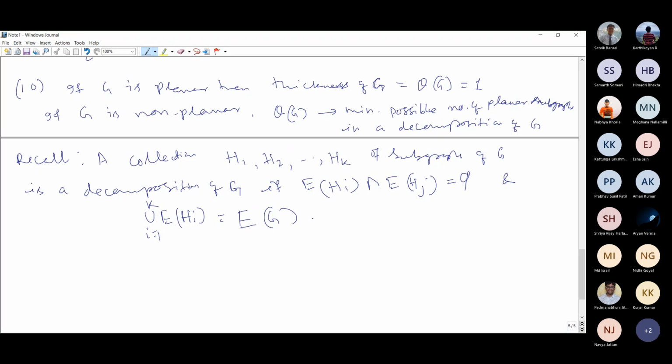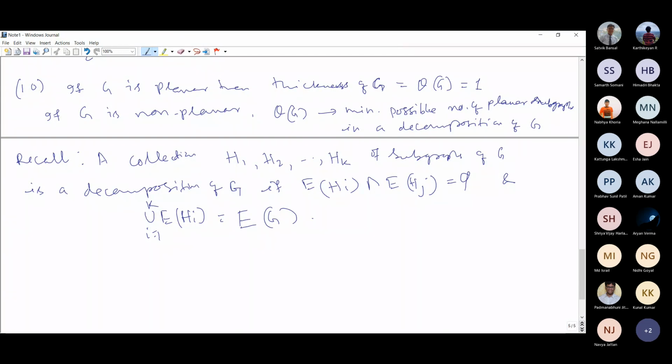So the thickness of a graph is also an important parameter. Like the crossing number, I have told you that in a circuit layout, to avoid insulation layers, we should minimize the crossing number. Similarly, thickness has an application in circuit layout in a silicon chip.